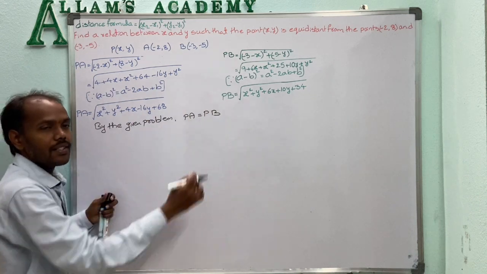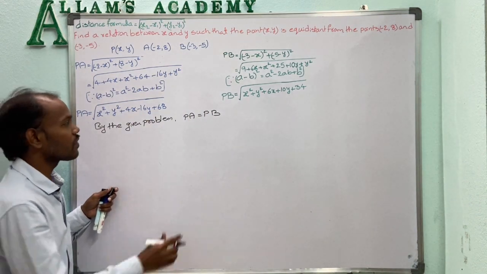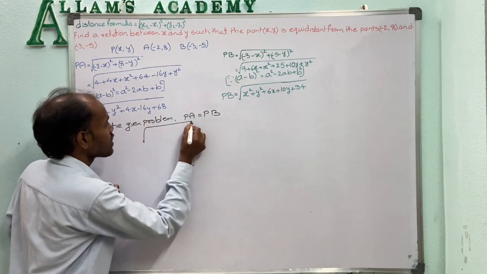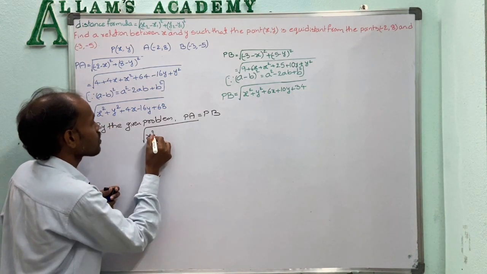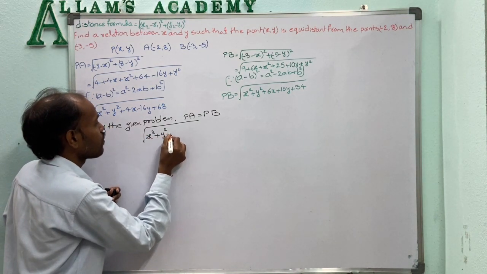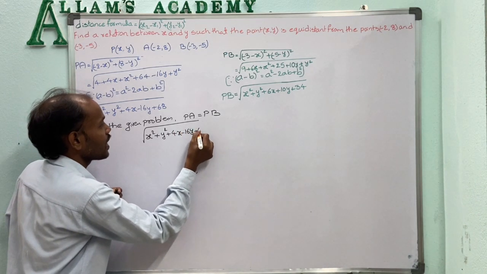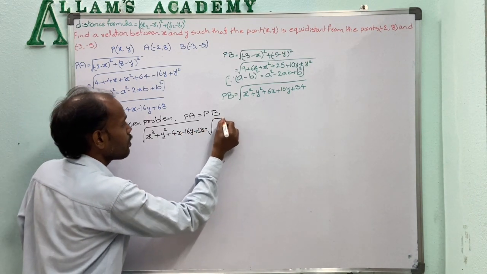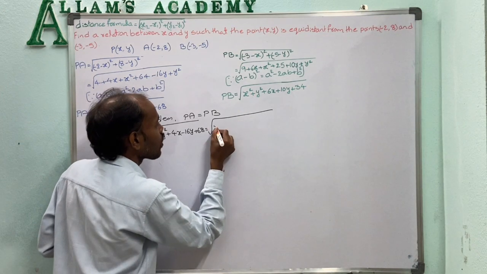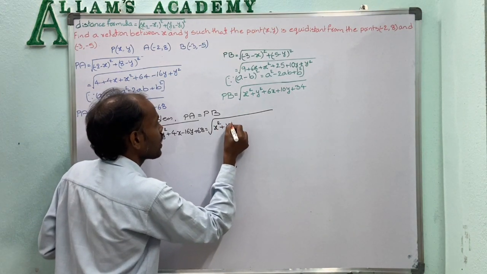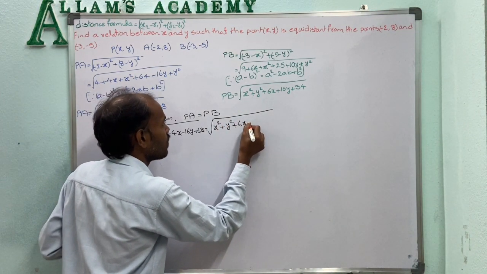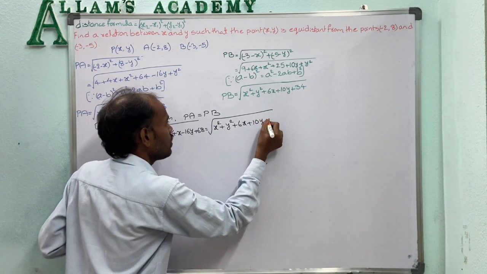Now both points' distances are equalized, that is PA, which is under root x square plus y square plus 4x minus 16y plus 68, is equal to PB length, which is under root x square plus y square plus 6x plus 10y plus 34.